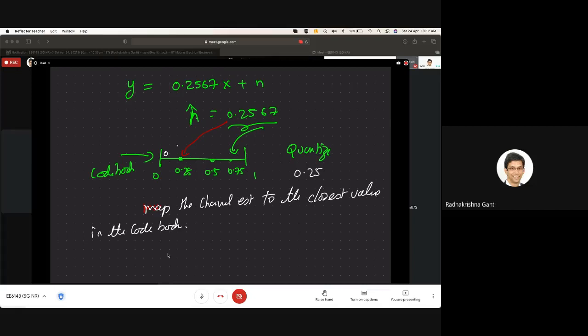They will call these 0, 1, 2, 3, 4. How many bits are required? Five entries means at least 3 bits are required. So what the UE transmits to the base station is the number 1. When the base station sees number 1, it will map 1 to 0.25 and say, whatever the UE has seen must be very close to 0.25, so I'll use 0.25 as my channel.